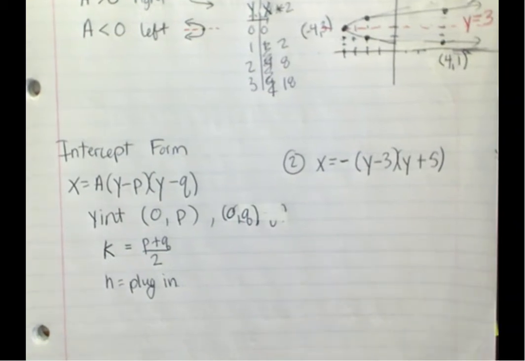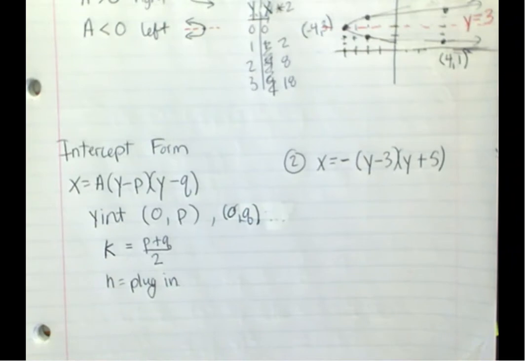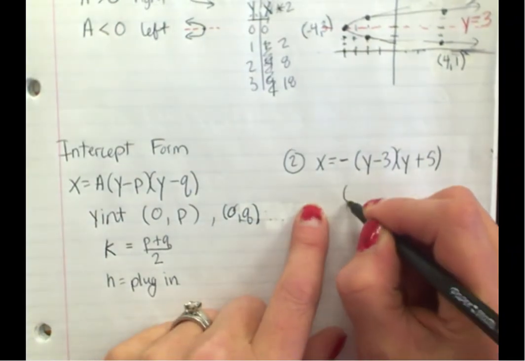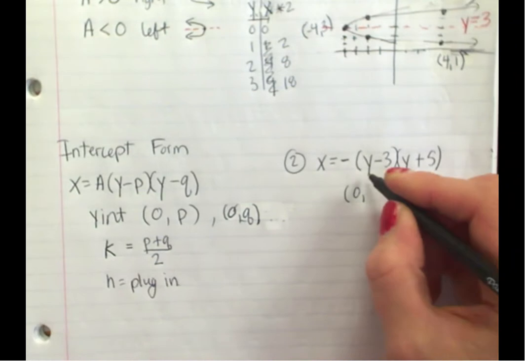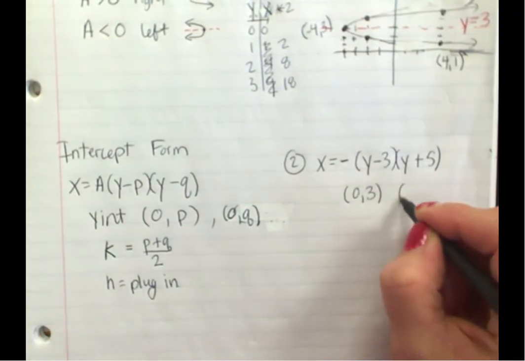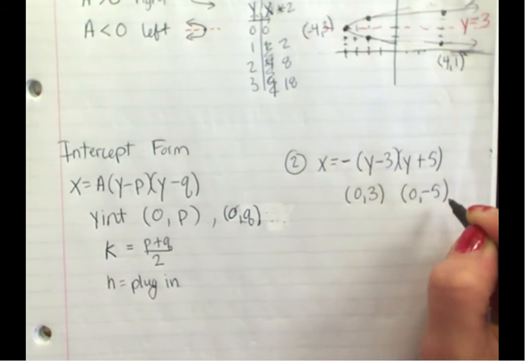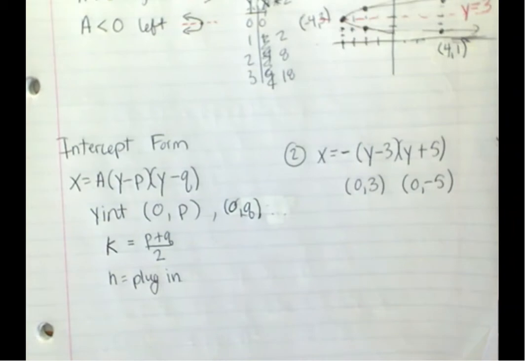Okay. Write down the easy stuff first. I'm still thinking, like, 0, the y number should be 3. 0, the y number should be negative 5. And then I'm going to stop and put them on my graph so I can connect it visually.